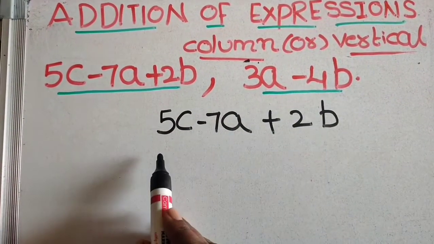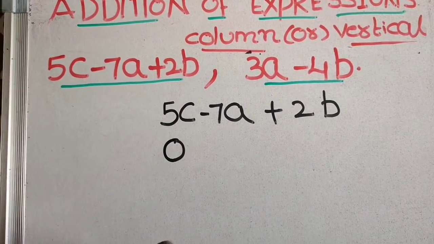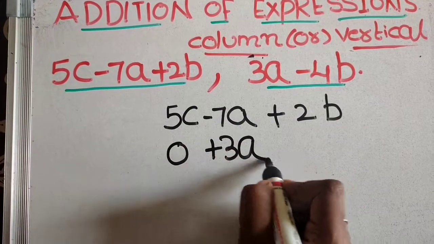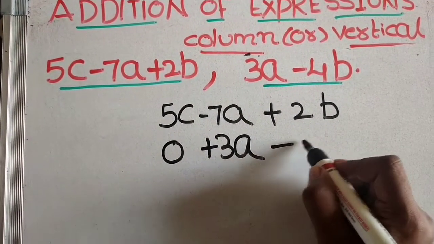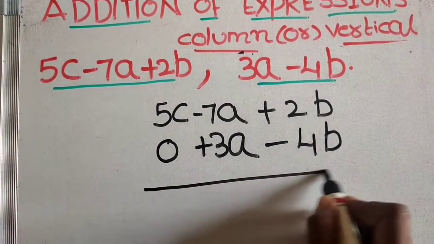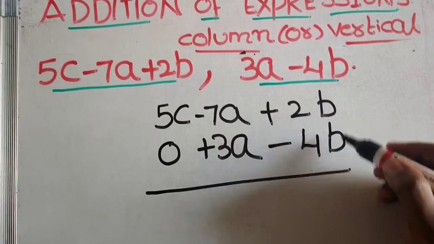So write it under the first expression. As there is no c value, we are taking it as 0, and write the next one, plus 3a minus 4b. If there is no sign before a number, it means it has a positive symbol. That means a plus symbol.